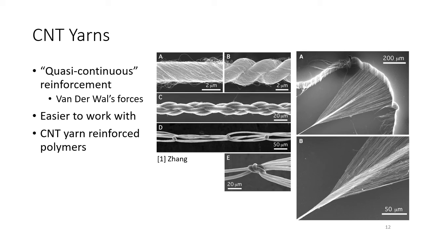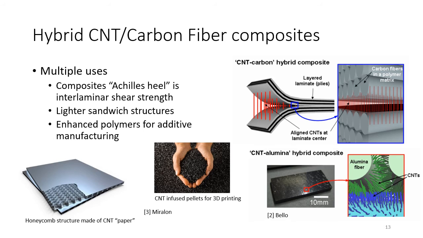Another way to make use of CNTs in large structures is by combining them with a traditional carbon fiber composite, or a hybrid. The most common use of CNTs in hybrid composites is to provide an increase in interlaminar strength, which is an inherent weakness of traditional layer-based composites.